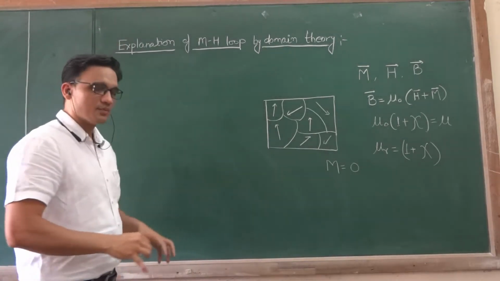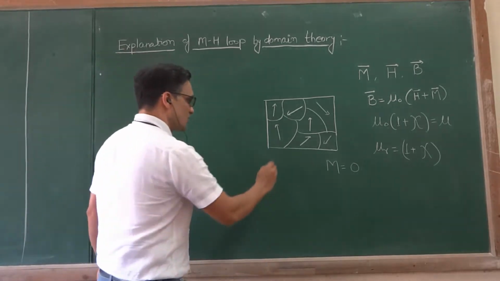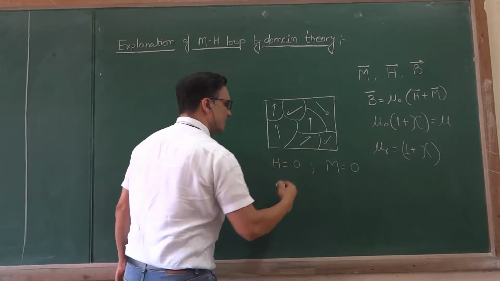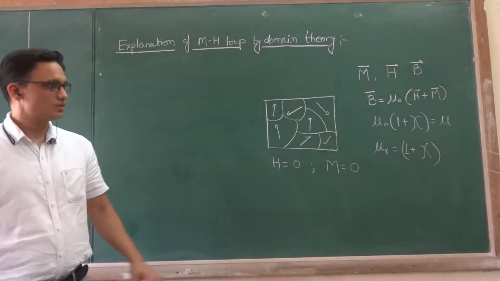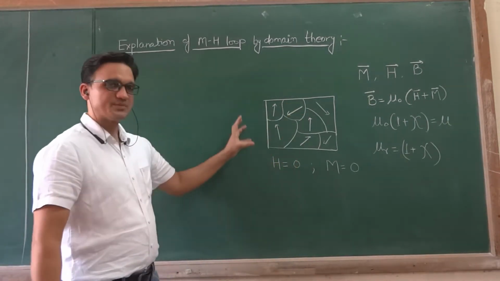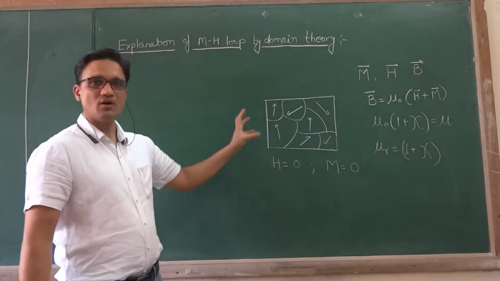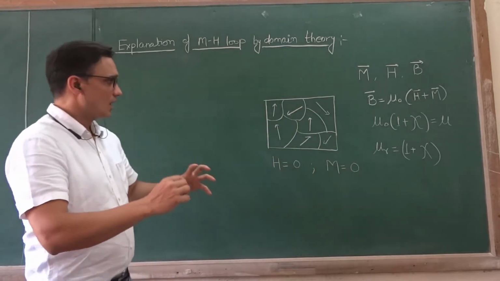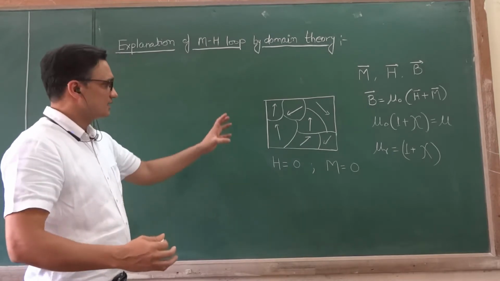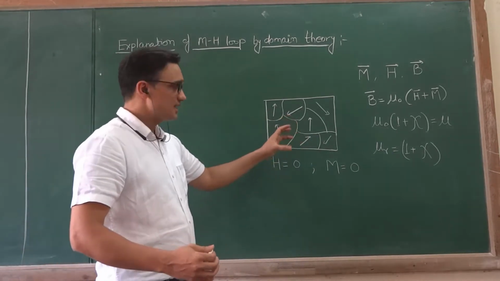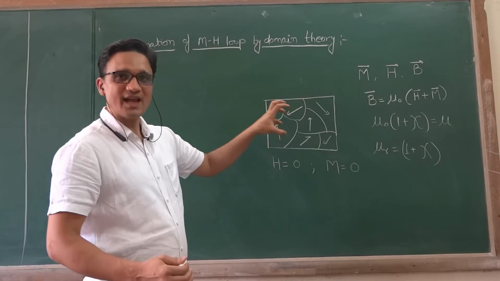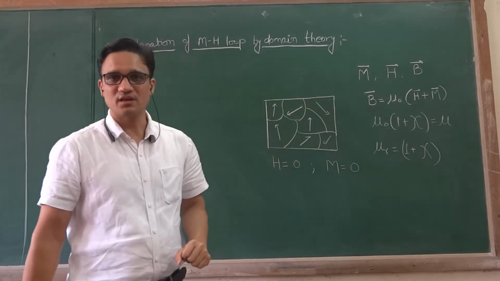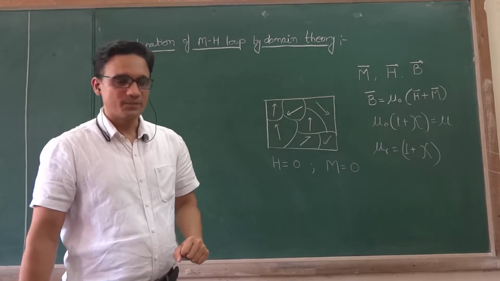Basically here we are talking about the ferromagnetic material. When the applied magnetic field H is equal to 0, the overall magnetization of the specimen is equal to 0. But when you apply the magnetic field, the magnetic moments of these localized regions start to align in the direction of the external magnetic field.